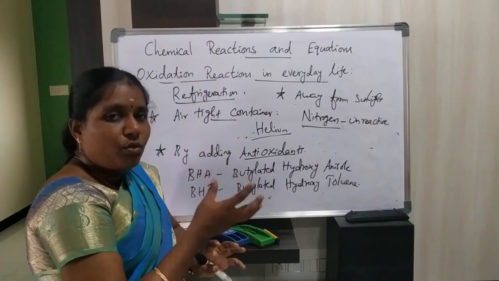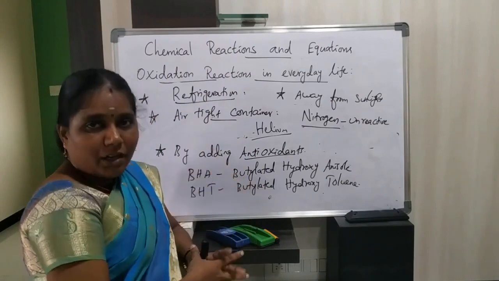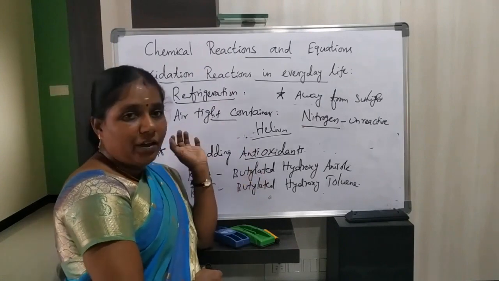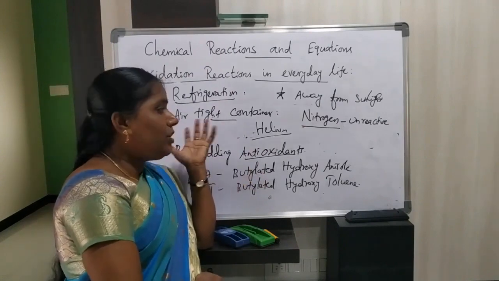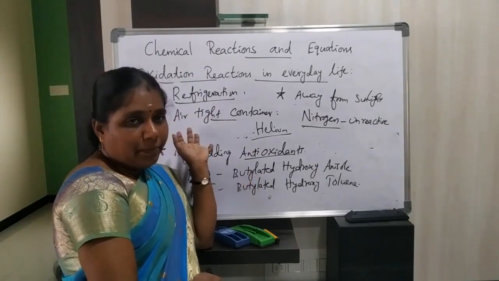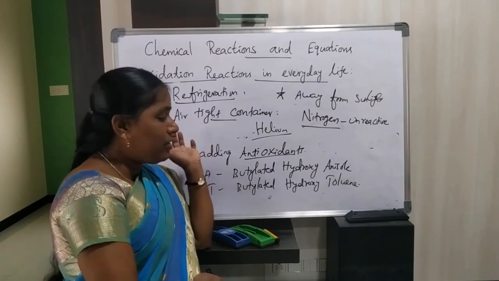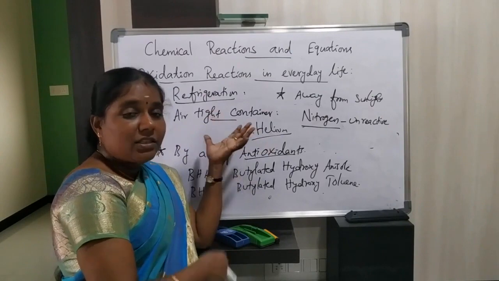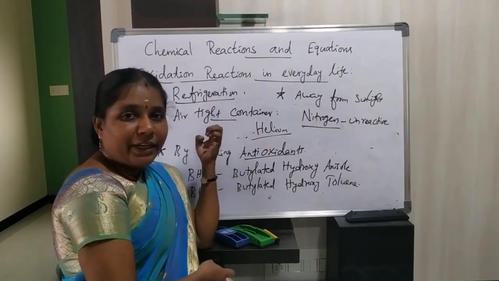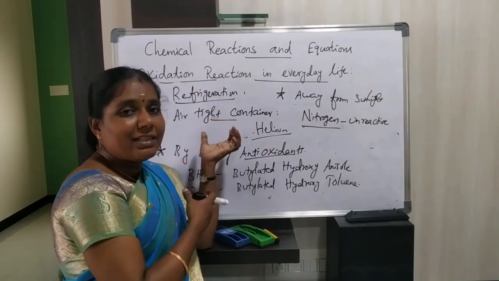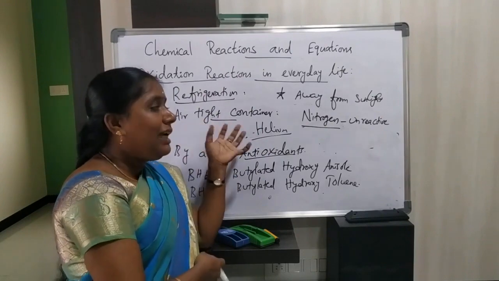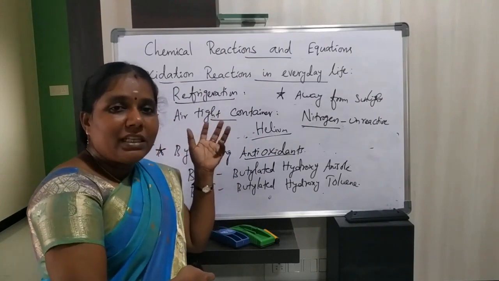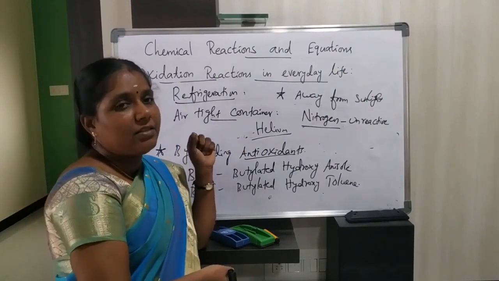We need to store these food items in airtight containers, and we need to add some antioxidants like BHA and BHT, that is butylated hydroxyanisole and butylated hydroxytoluene. We also need to flush the fat and oily food items with inert, unreactive gases like helium and nitrogen. With this packaging, these substances are prevented from rancidity.